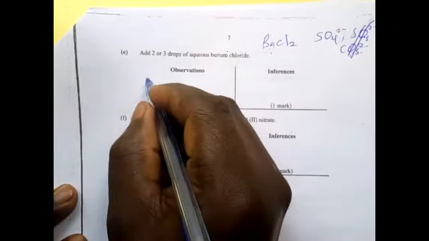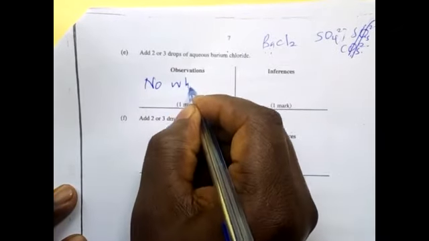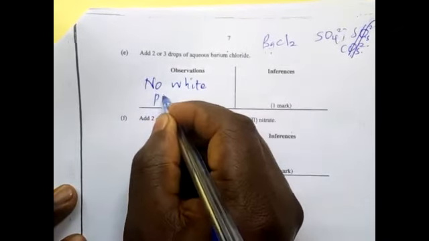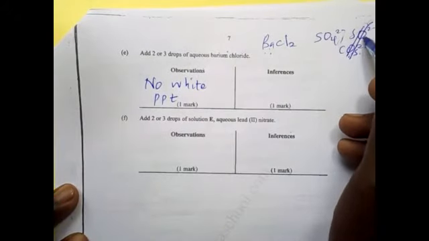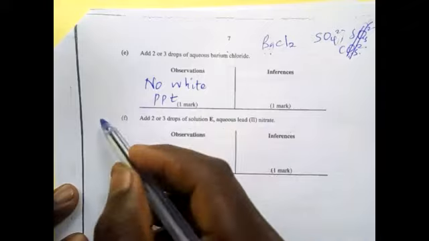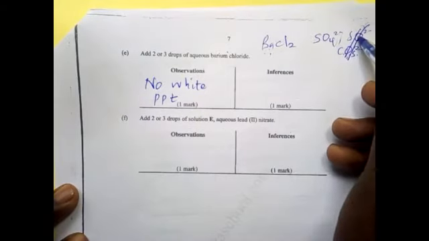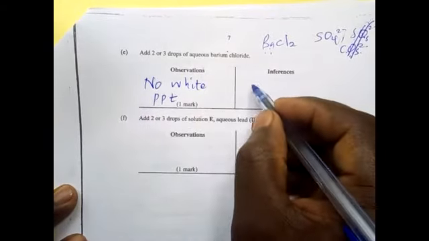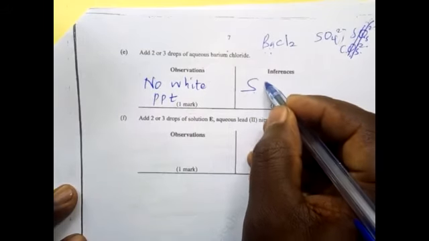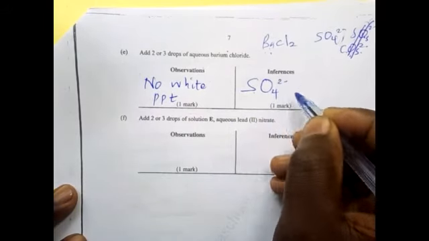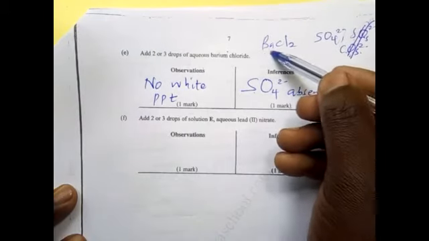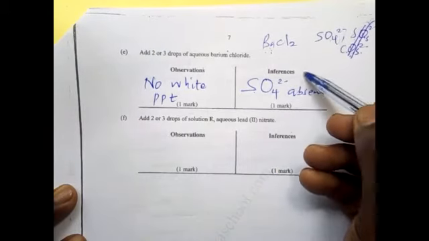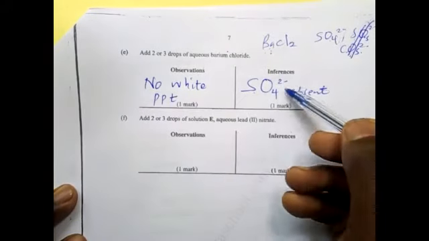So if there is no white PPT, we will not repeat those, since on the previous one we said they were absent. You don't have to include them here. Here you only give the one which is remaining. This one is absent.